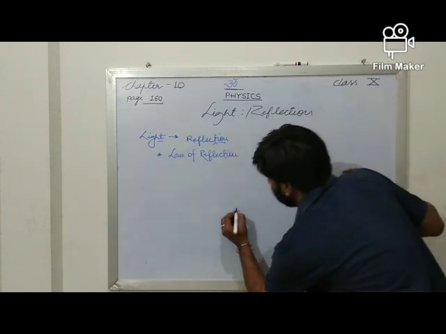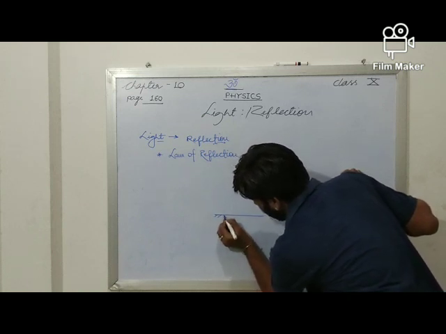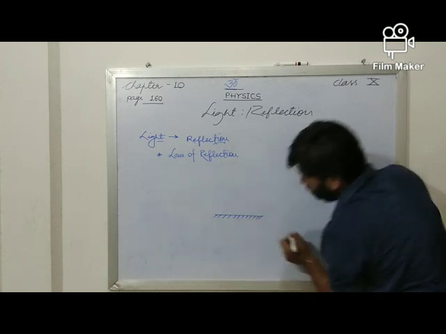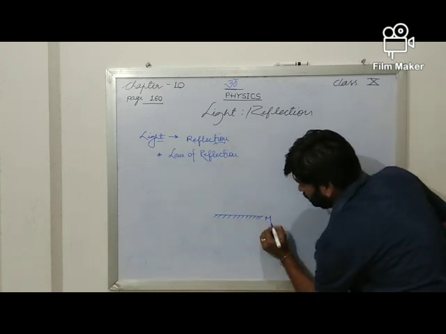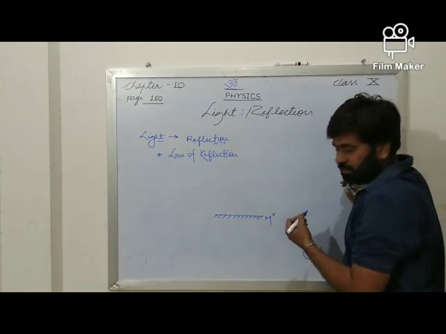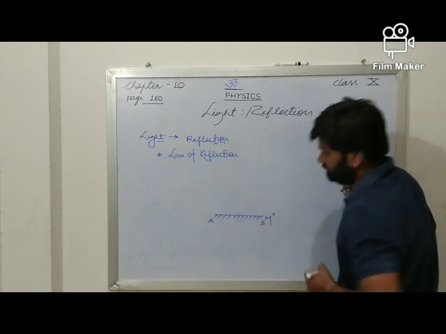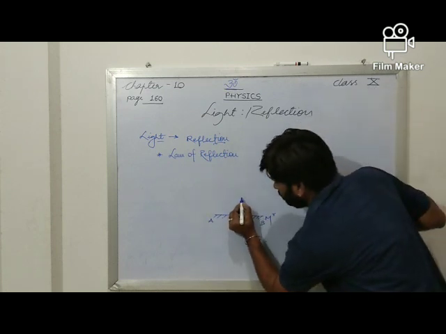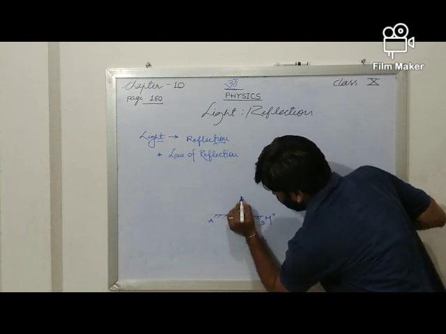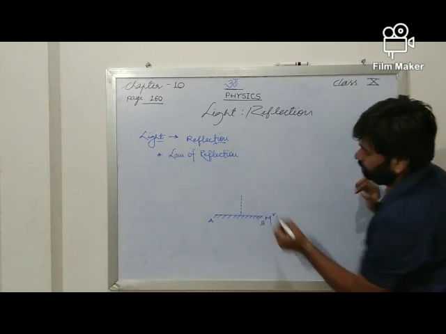As we have already seen, again we take a little bit. This is a mirror. Say the mirror is AB, over which we are going to draw a normal. Through your scale you may draw the normal.